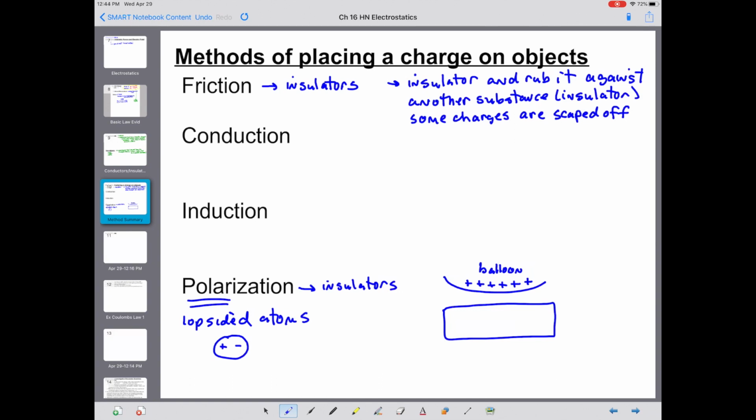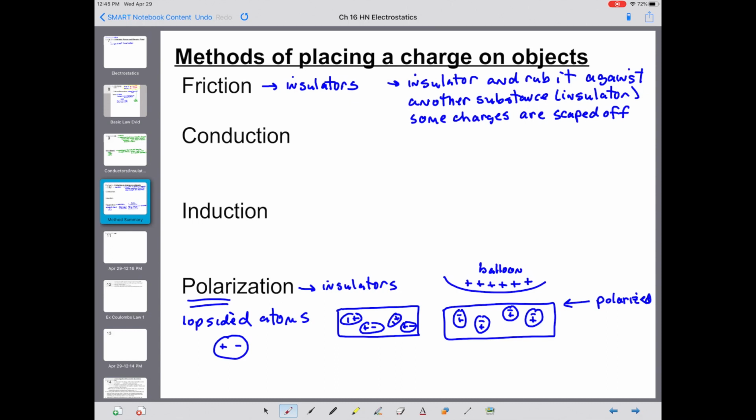These atoms that would originally have been oriented randomly swivel around so that the negative side of each one faces the positive balloon. So on the surface of this, we have polarized it. We have caused a region of charge to build up just by swiveling these atoms around.